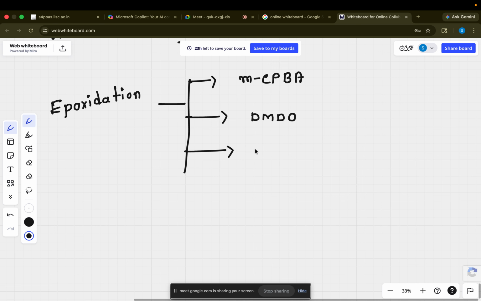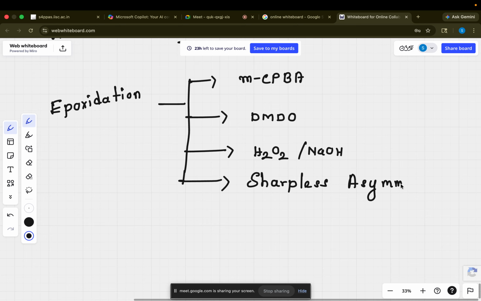Apart from that we can use H2O2 in the presence of NaOH, hydrogen peroxide in the presence of NaOH. And last comes Sharpless asymmetric epoxidation.